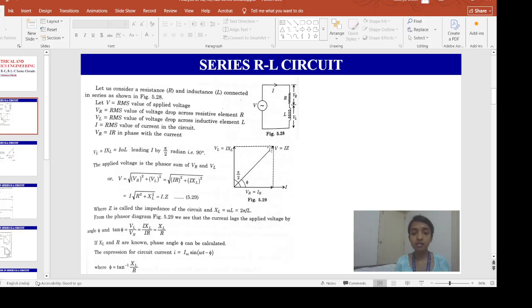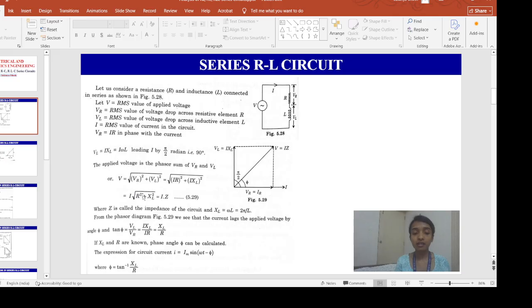This resultant vector also leads the current by an angle phi. If I perform the phasor sum of VL and VR, the resultant vector V will be equal to the square root of VR squared plus VL squared. VR means IR, whole squared, plus IXL, whole squared.